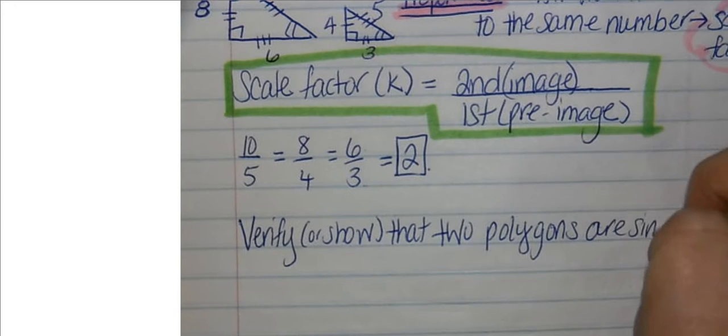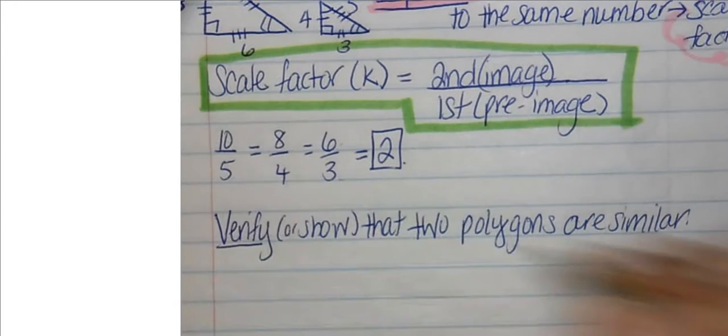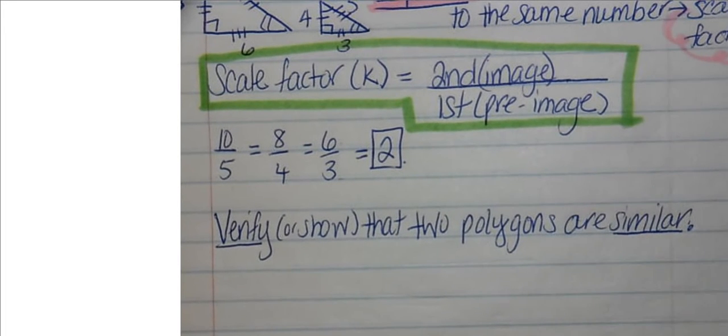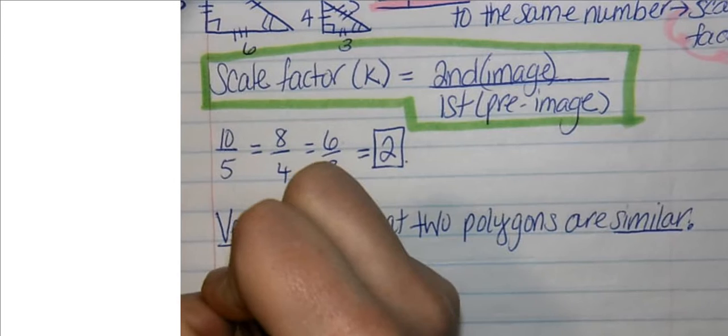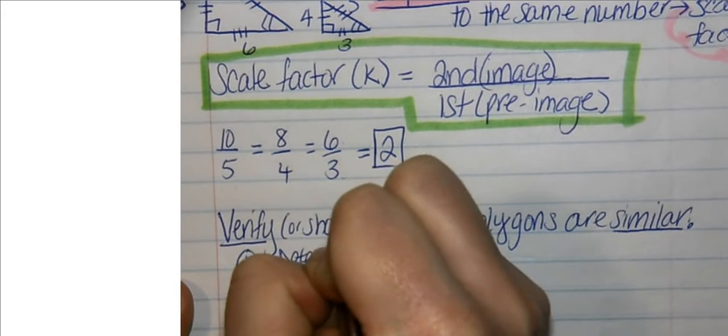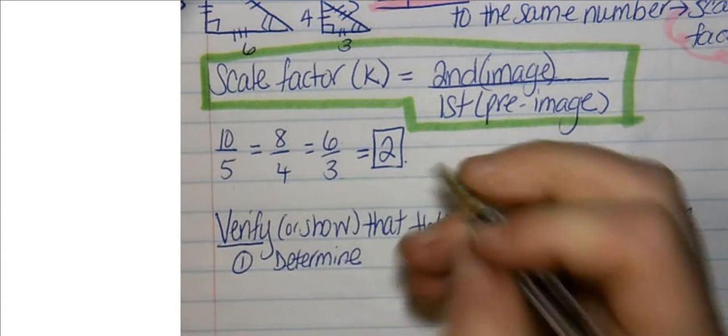That's what the directions are going to ask you to do. So how do you do that? Well, that means that you will have to, number 1, determine whether the polygons are similar.